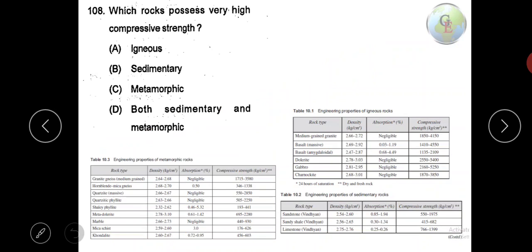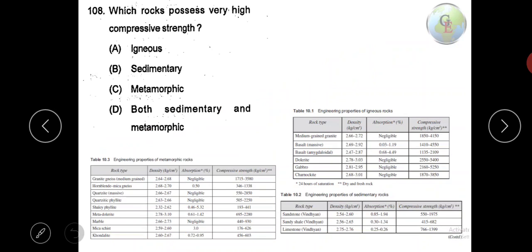We are not going into that much detail, but here we can see that in the case of igneous rock, granite has the highest compressive strength, like 1450 sorry, 4150 kg per centimeter square.